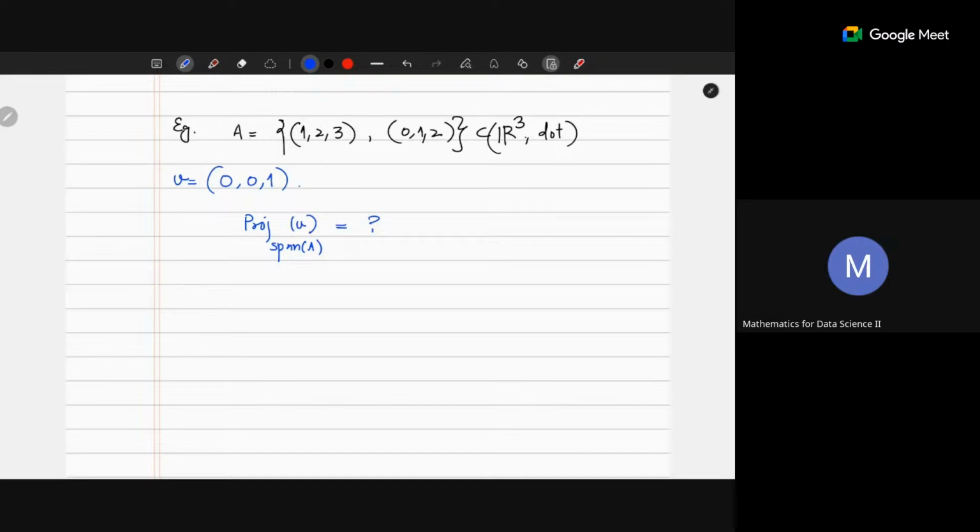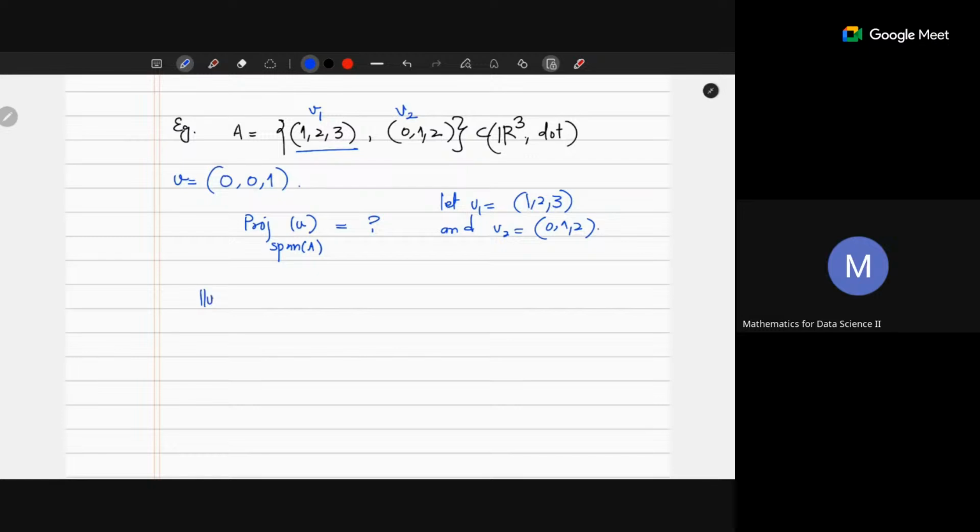Now how do we do that? So first of all, these vectors, what is the norm of this vector? In order to check whether they are orthonormal or not. Let me first name these vectors. Let's call them v1 and v2. So let v1 be 1, 2, 3, and v2 be 0, 1, 2.